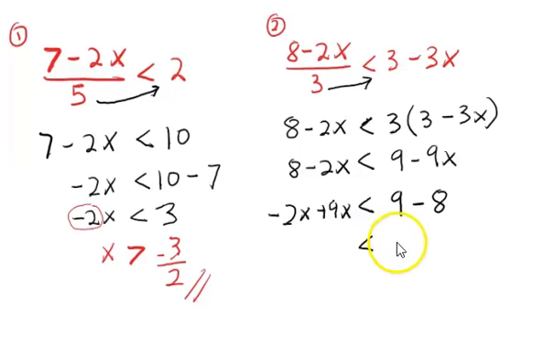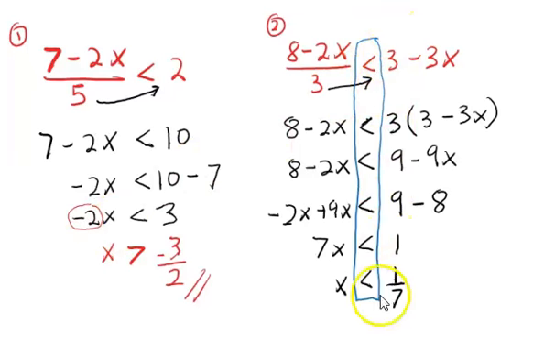So we will have here 1, and here we will have the 7x. So here you'll be getting 1 over 7. And you have noticed here that there is no change of the sign, since there is no multiplication or division with negative numbers. So I hope you can understand this.